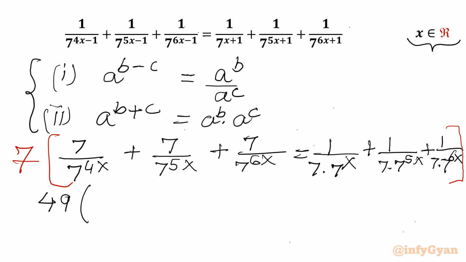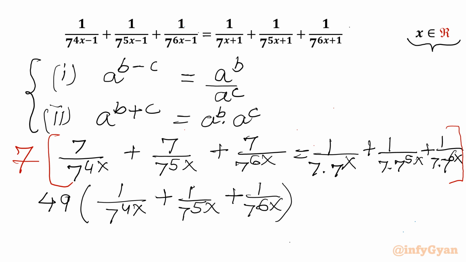So I can write 1 over 7^(4x) plus 1 over 7^(5x) plus 1 over 7^(6x), and this denominator 7 will be over. So I will write 1 over 7^x plus 1 over 7^(5x) plus 1 over 7^(6x).